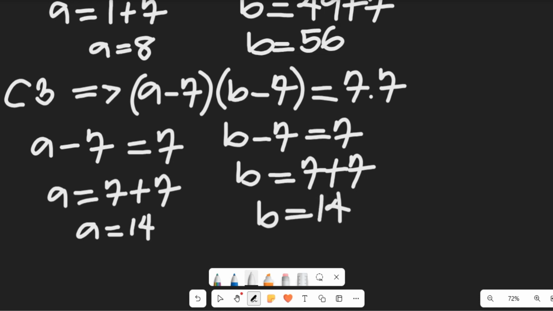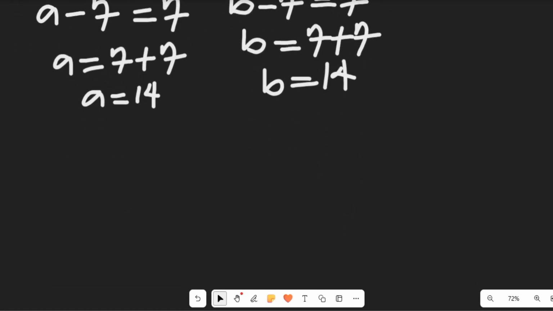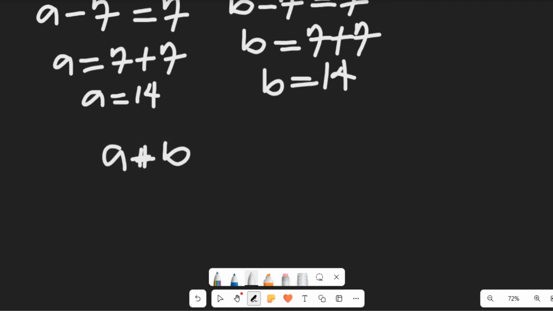Now, how do we find the value of a plus b? Remember, they say a plus b must be positive real numbers. So a plus b from the expression where I have 56 and 8 can simply be equal to a, 56, plus b, which is equal to 8.